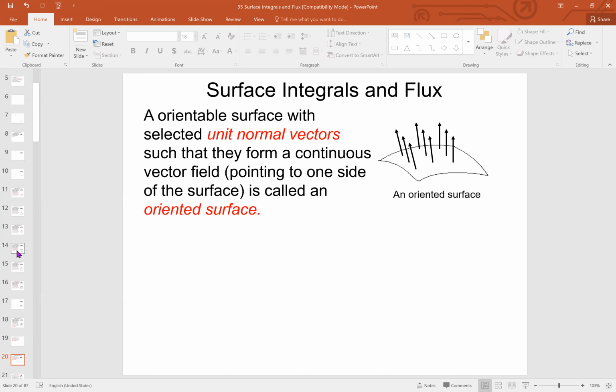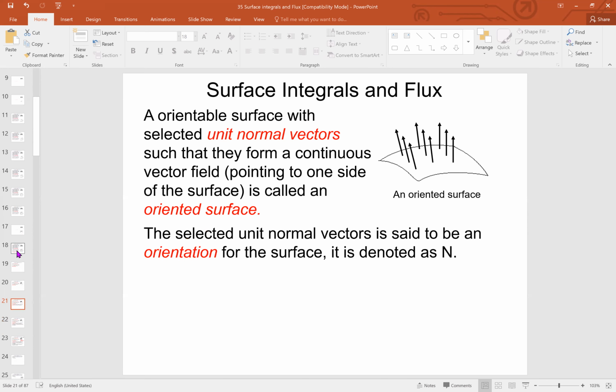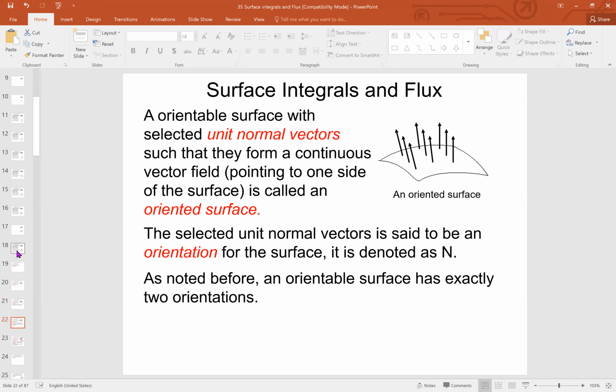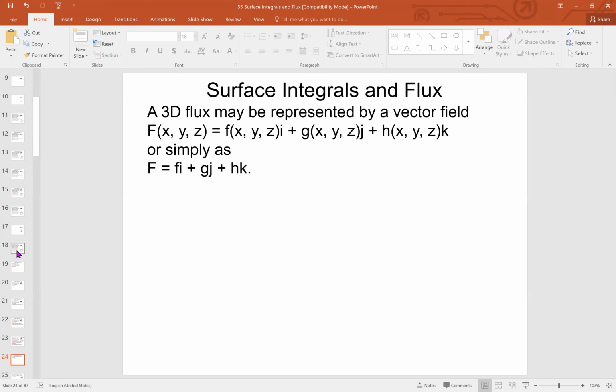The word oriented means you have a preferred side for the directions chosen. The normal vectors form the orientation of the surface, meaning they point in the direction of the surface. So an orientable surface has two sides, giving two choices. And so here we go.